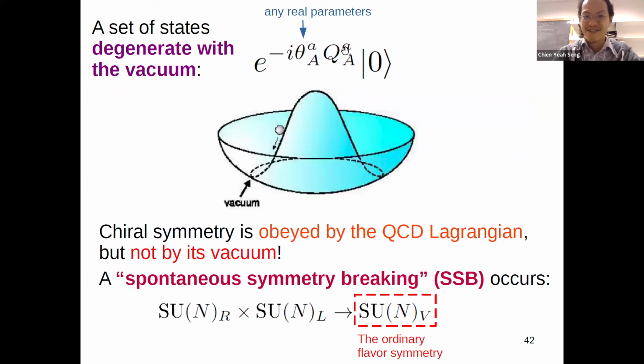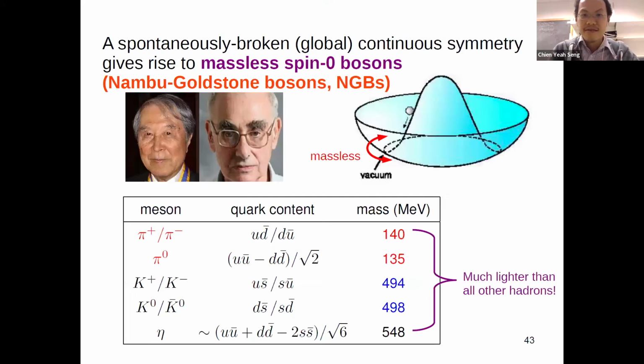So this axial charge creates a massless boson, and that boson is just what we call the Nambu-Goldstone boson. If you have a vacuum state, compared to a vacuum state plus a bunch of Nambu-Goldstone bosons, since all these bosons are massless, they still have the same energy. That's why you have a degenerate set of vacua.